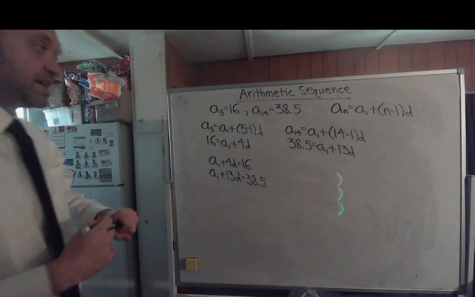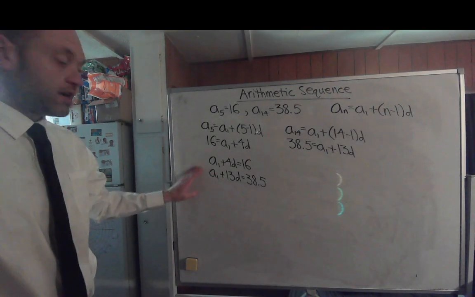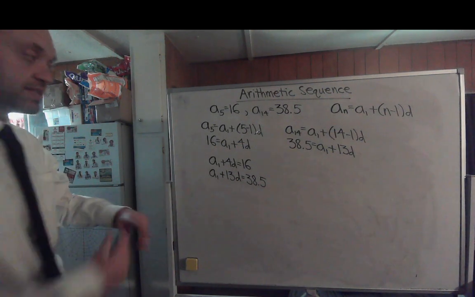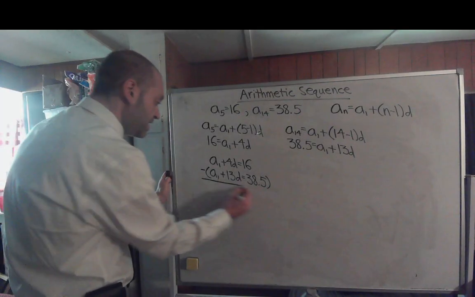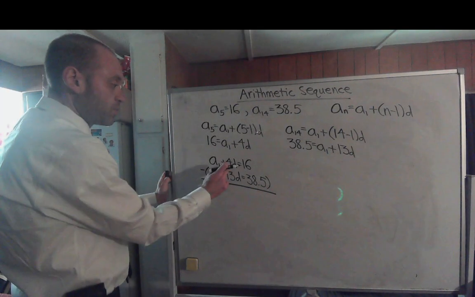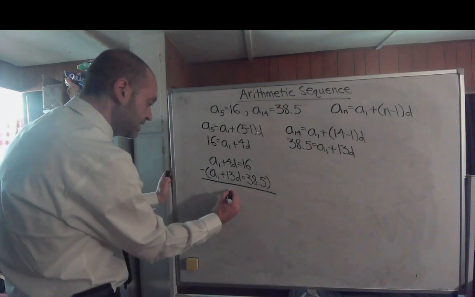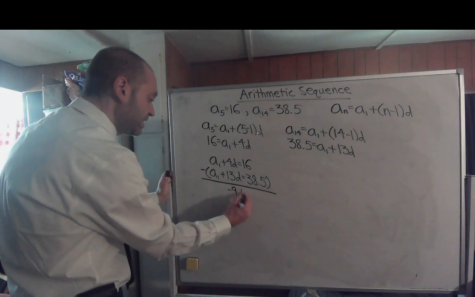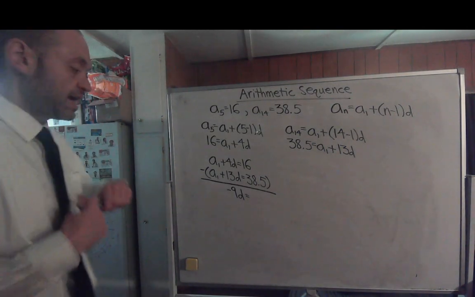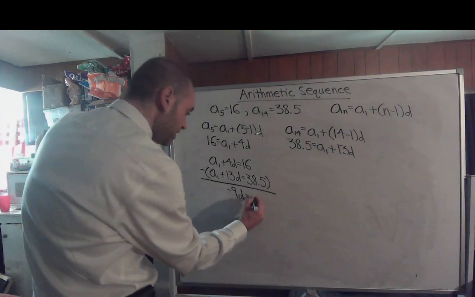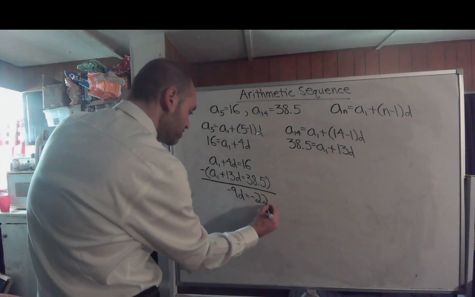Again, we can eliminate our a sub 1 by subtracting the second equation from the first. The a sub 1's cancel out. 4d minus 13d equals negative 9d. That's going to equal 16 minus 38.5, which should be negative 22.5.